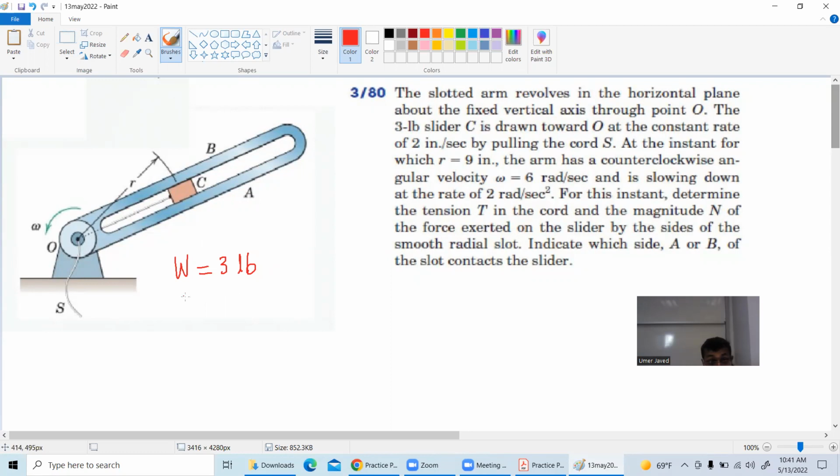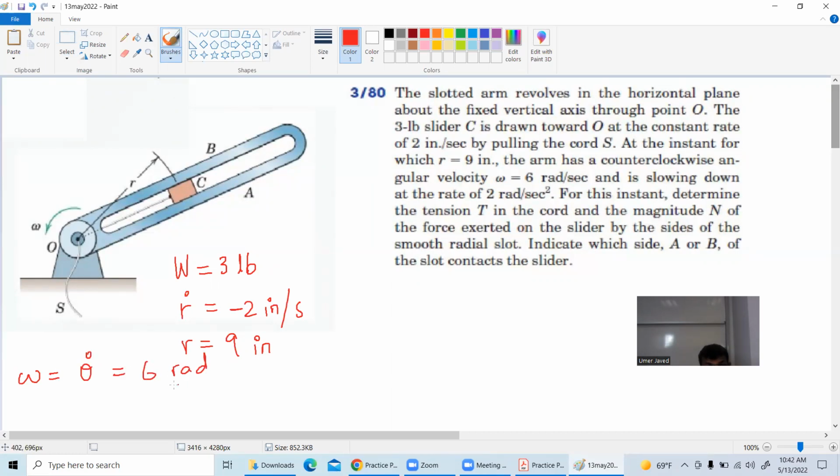Okay, what is R dot? Let's see if we have any student who can tell. Should I reduce the light? It's okay. Okay, what is R dot? Anyone? Minus 2 inch per second. Okay, what is R? Anyone? 9 inches. What about omega? Nice answer from one of the students.